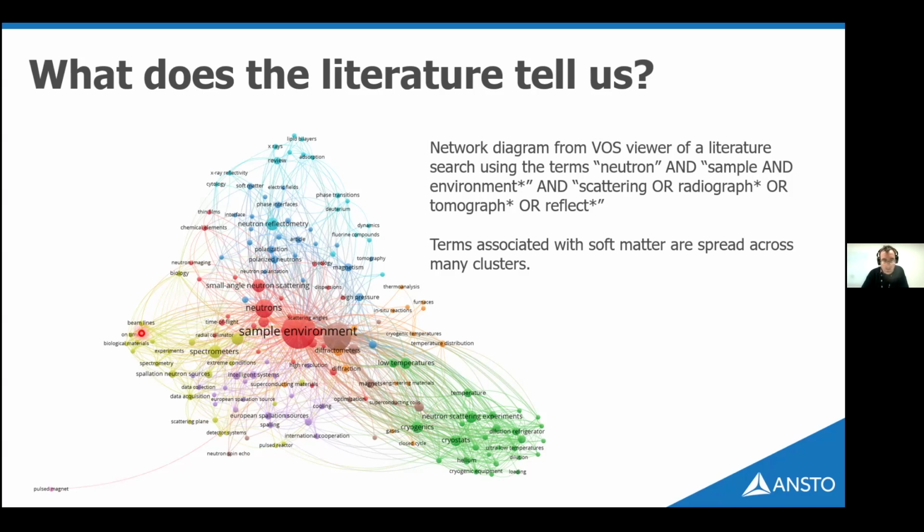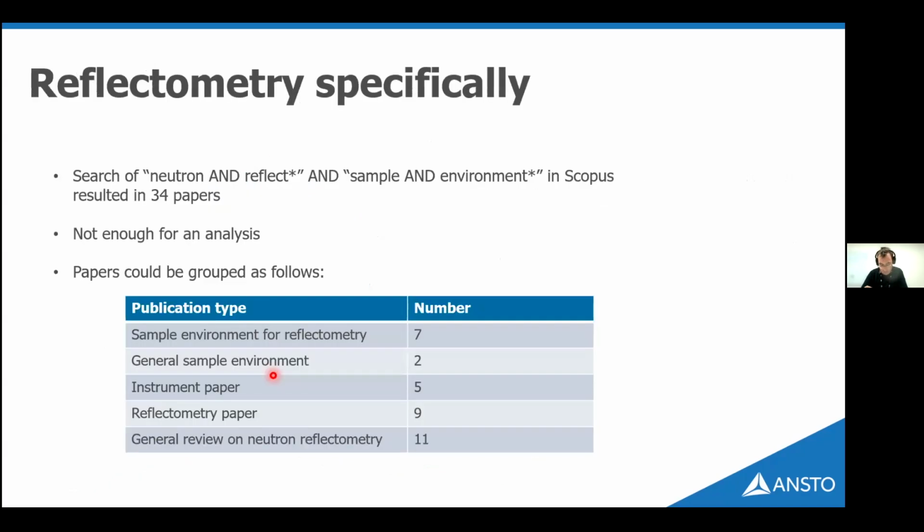This diagram is for neutron scattering in general, and I tried to make one specifically for reflectometry only, and that only resulted in 34 hits, which unfortunately is not enough to do this type of analysis in VOSviewer.